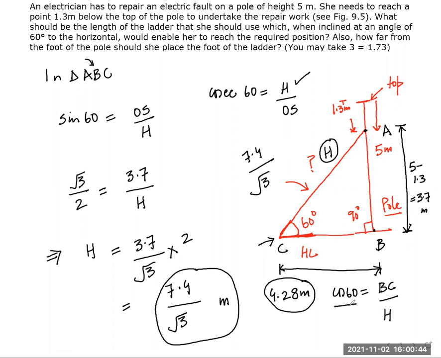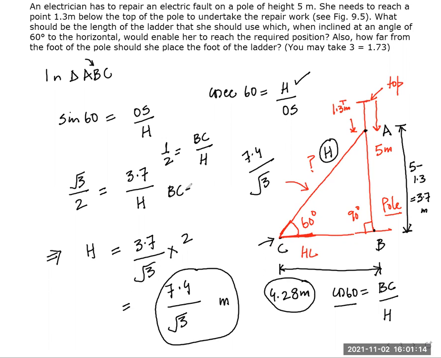So what is cos 60, students? Anybody knows? Cos 60 is 1/2. Cos 60 is 1/2. Beautiful. So 1/2 is equal to BC. BC is the distance of the foot of the ladder from the foot of this pole. So BC divided by H, right?